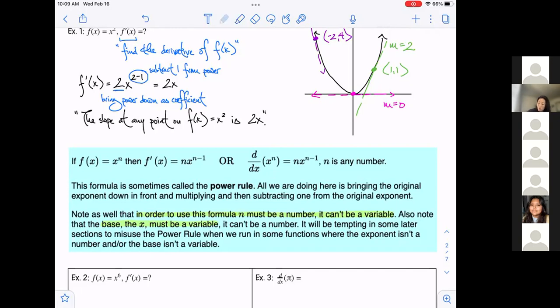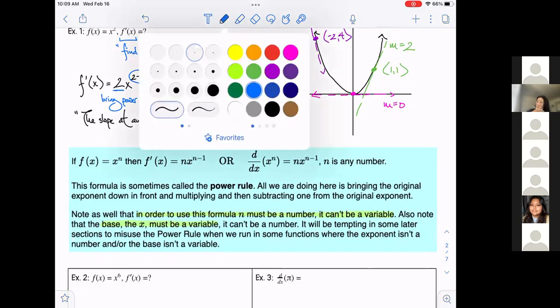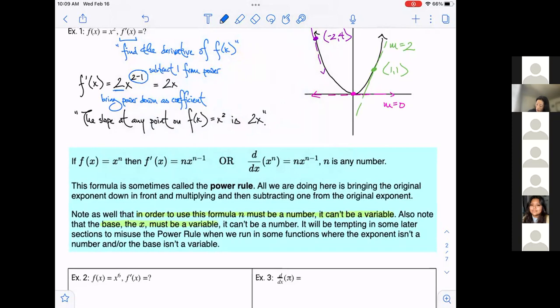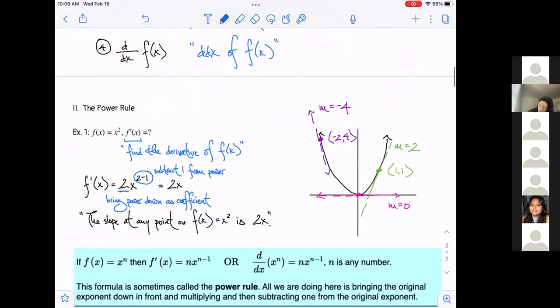And one thing, I see a lot of good questions right here. Give me 1 second. One thing I'd like us to write down before we move on to the other practice problems: this power rule only works when we have a variable to a number, okay?